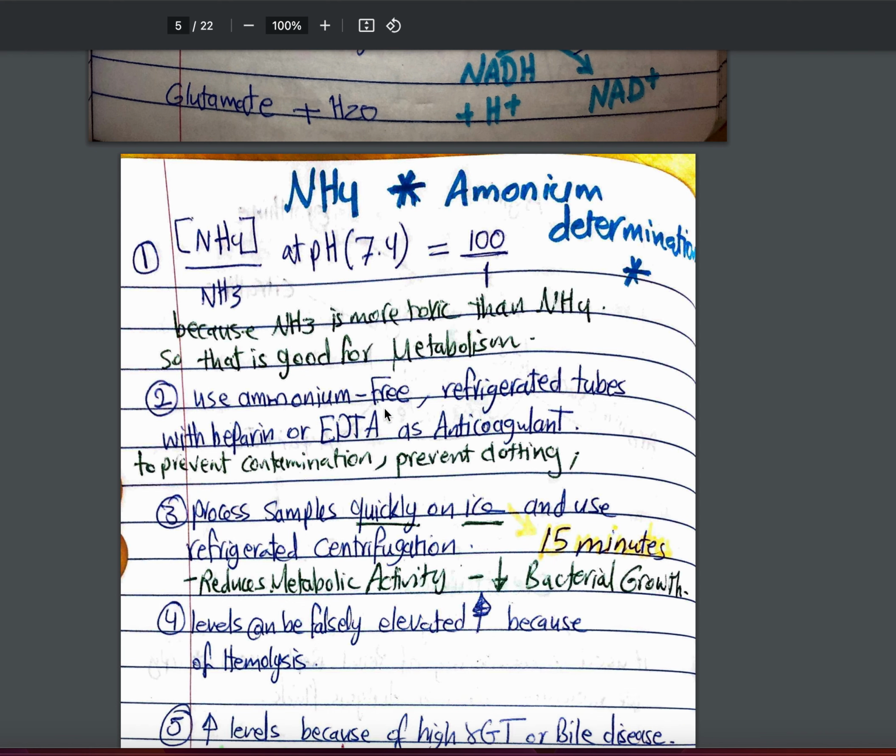Use ammonium-free refrigerated tubes with heparin or EDTA as anticoagulant. Why? To prevent contamination and prevent clotting.